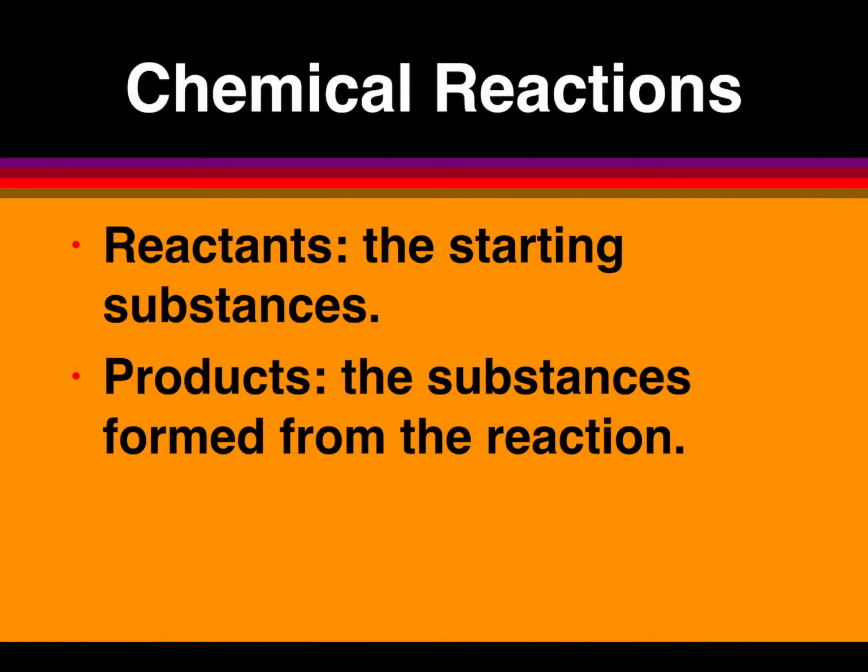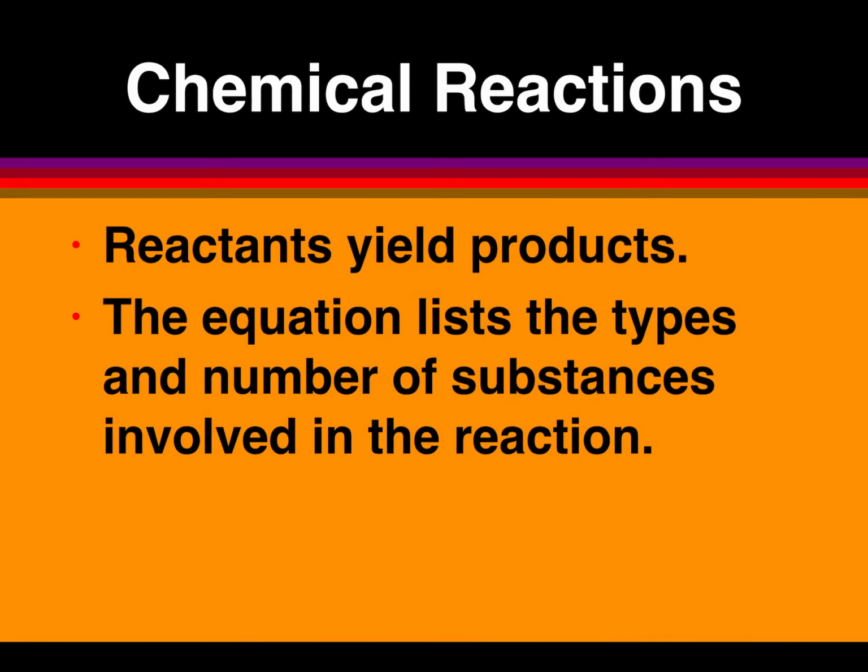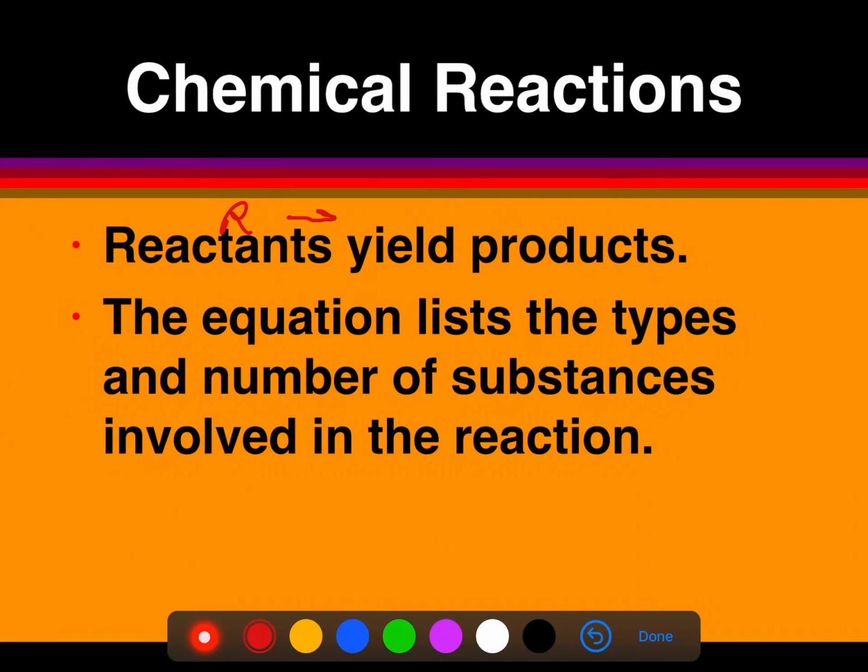There are the materials you start with, called reactants, and the things you create, called products. And the format for writing a chemical equation is to put the reactants on the left, and you put an arrow, which means yield, and then you put your products on the right. So reactants, yield, products. Now an equation is, I like to say a recipe, but it's not.